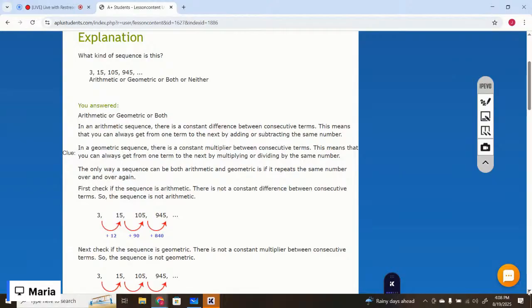In a geometric sequence, there is a constant multiplier between consecutive terms. This means that you can always get from one term to the next by multiplying or dividing by the same number.